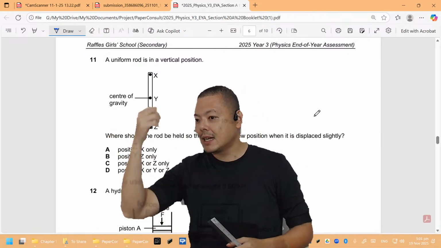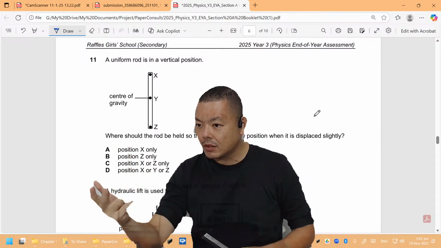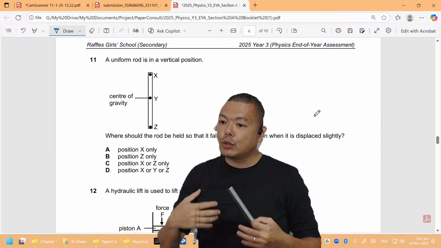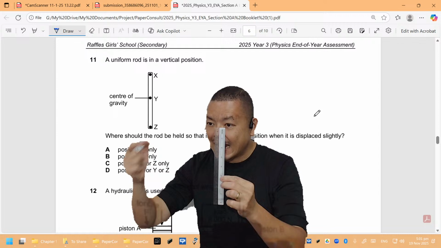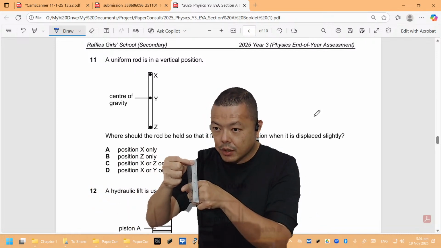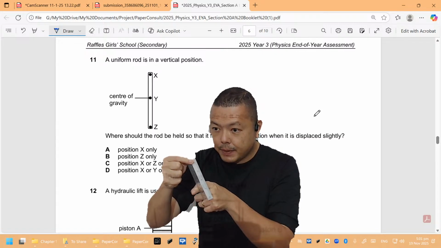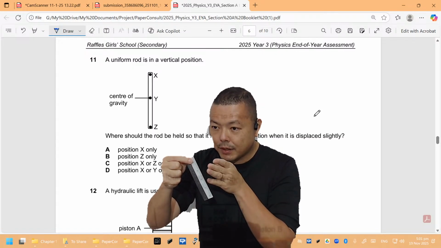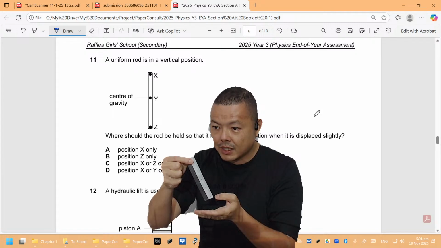There are three types: stable, unstable, and the last one is neutral. So how do you do neutral? You pivot at the CG, at the center of gravity. You tip it, it doesn't topple, and it doesn't return back to its original position.